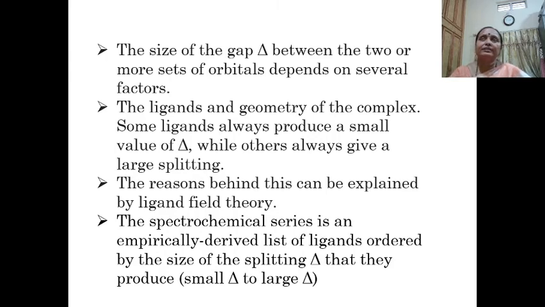The reason for this can be explained using ligand field theory. In fact, the spectrochemical series is a derived list of ligands ordered by the size of splitting delta, and it predicts whether the splitting is going to be small or large.